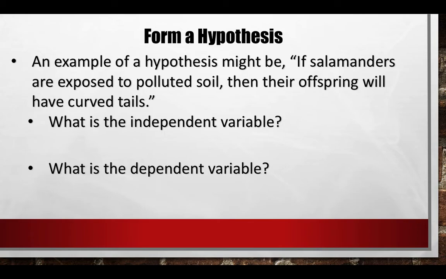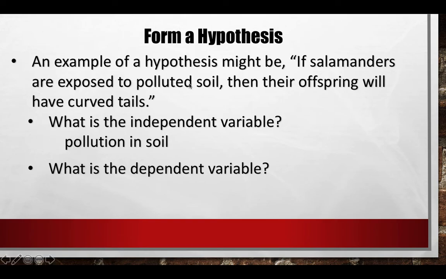So as we take a look at this, we see it says if salamanders are exposed to polluted soil. Okay? So polluted soil as opposed to normal soil. So that is the thing that is being changed. Okay? So the independent variable in this case is going to be pollution in the soil.